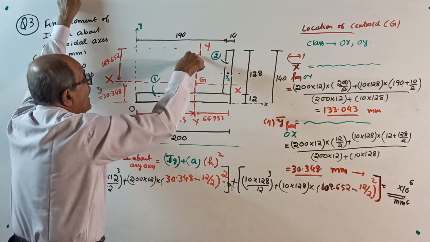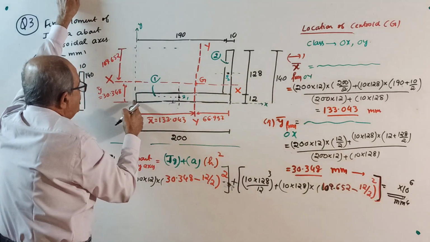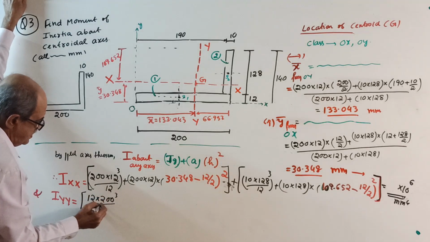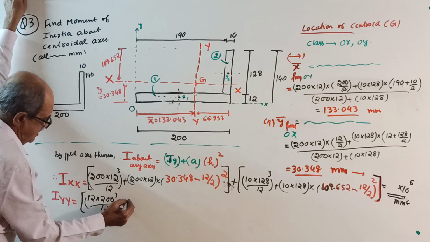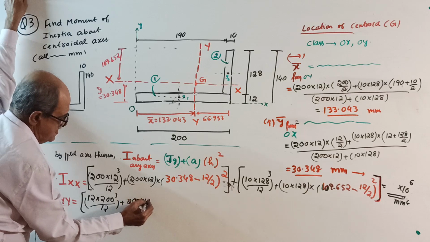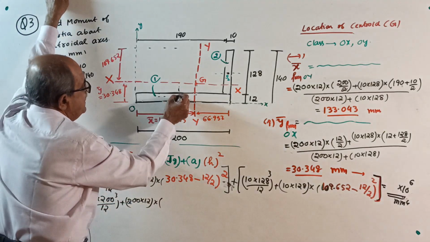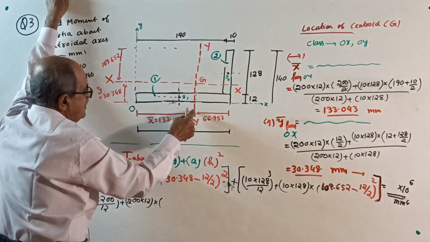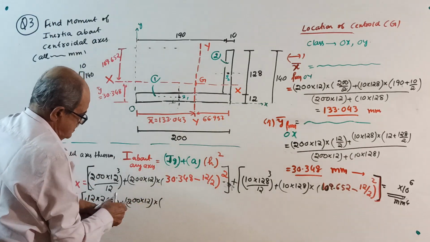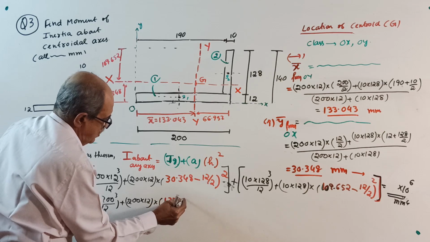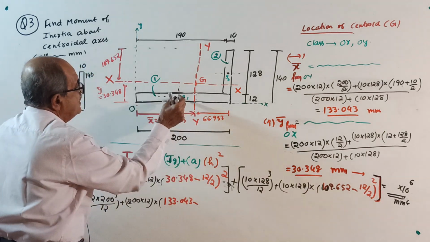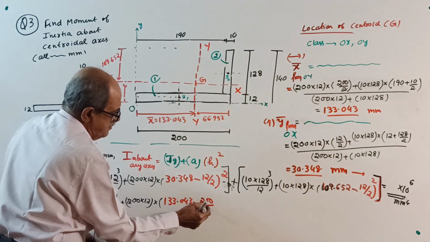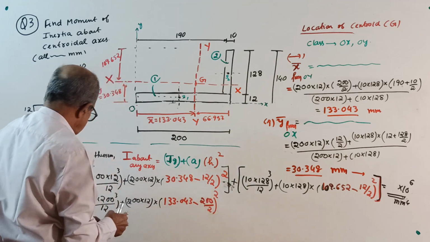The axis passing through the centroid is parallel to yy. 12 into 200 cube divided by 12 is Ig, plus area, 200 into 12 is the area, into the distance from centroid to yy, this distance square, which is 133.043 minus 200 by 2, whole square. That completes figure number 1.